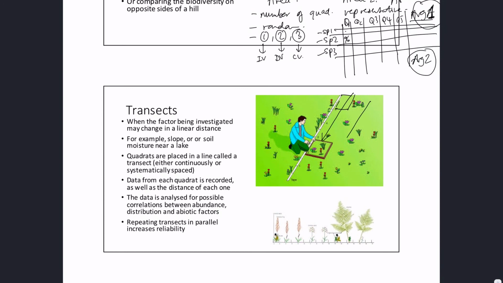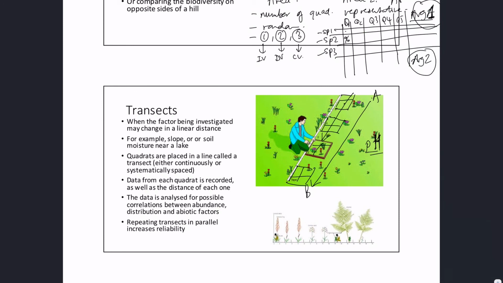Let's say you think that from point A to point B, the pH is changing, and you want to investigate the effect of pH on species abundance and distribution. What you can do is take quadrats not in a two-dimensional area, but in a series that goes across.